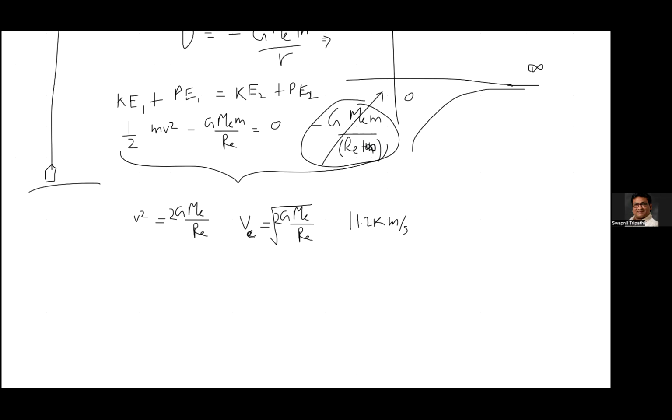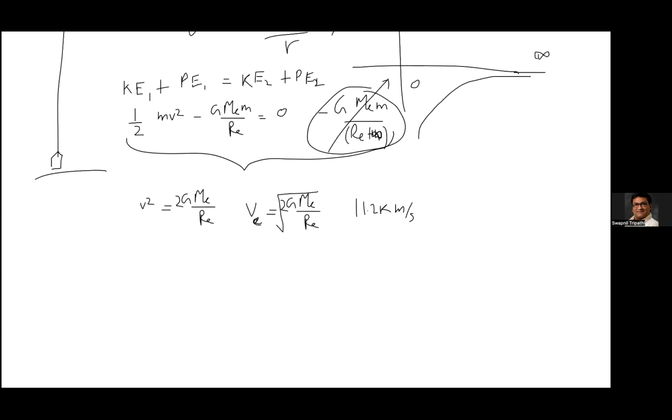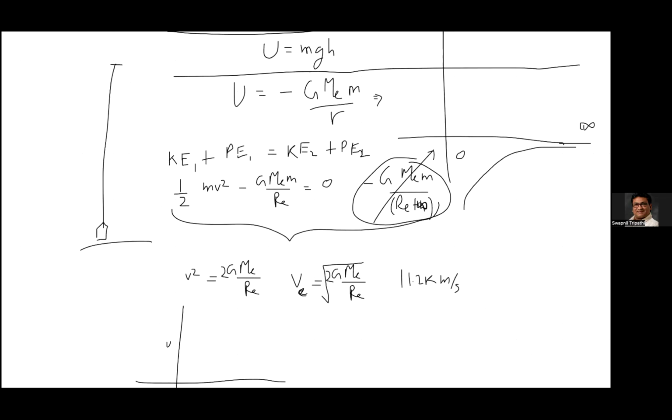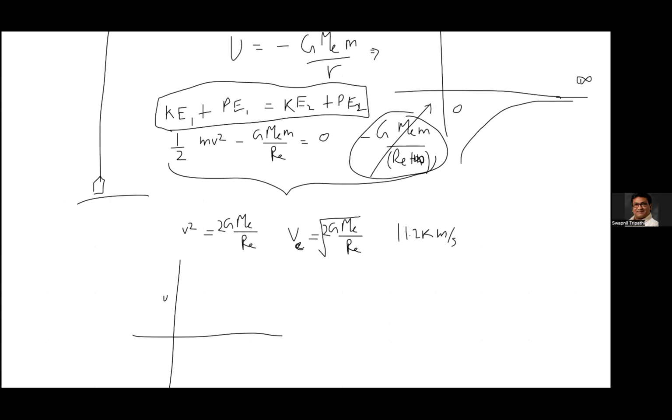I would like to add one more thing. In some calculations, your potential energy could be provided to you as a graph. When you are applying this conservation of energy, then you have to calculate the potential energy, and sometimes that potential energy, also represented by capital U, instead of giving you a number or an expression, can be given as a graph.